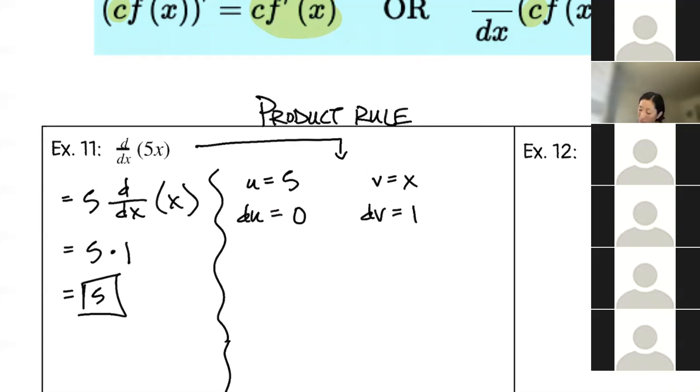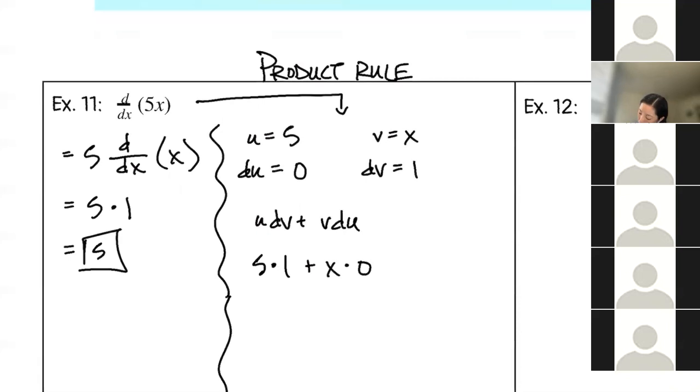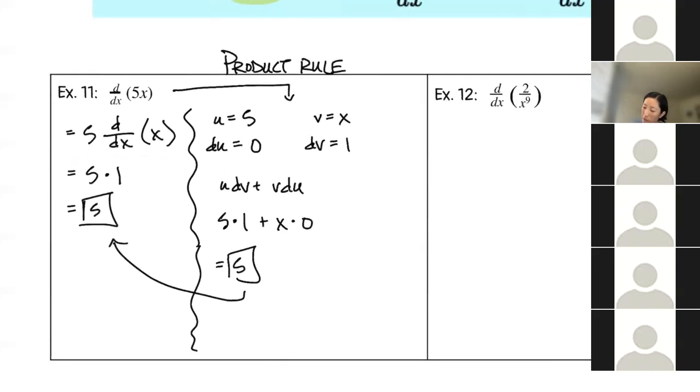Okay, now let's plug this into our product rule. u dv plus v du. That's going to give us 5 times 1 plus x times 0. Every time you use the product rule and one of your functions is a constant, that derivative is always going to be 0, which means one of those terms is going to go away, right?